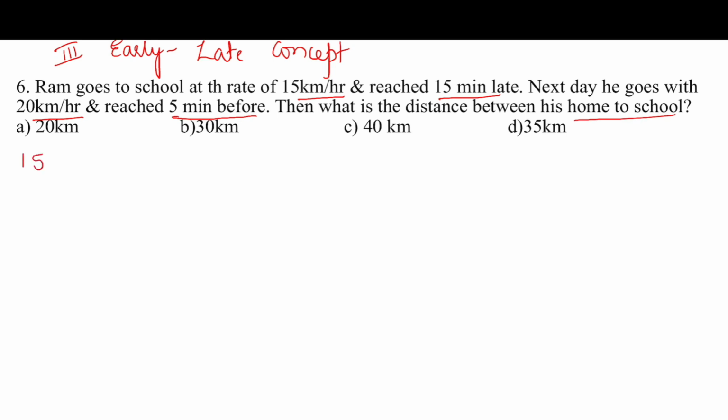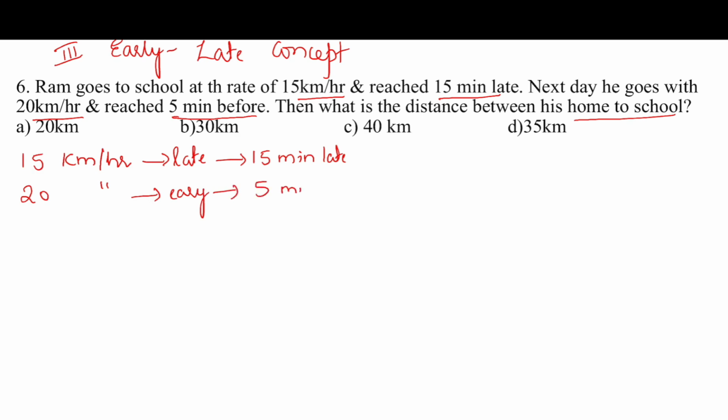Okay, so see here, when Ram is traveling at 15 km per hour, he is getting late. How much late is he getting? 15 minutes late, isn't it? Then when he is traveling at 20 km per hour, he is early. So how much early is he? 5 minutes early.